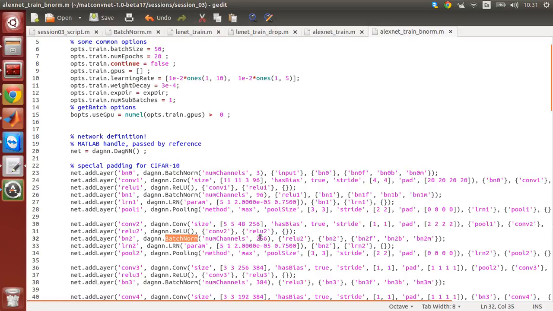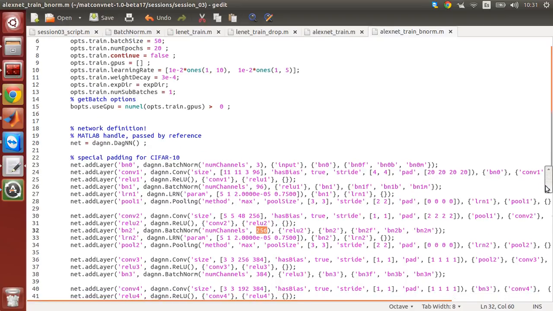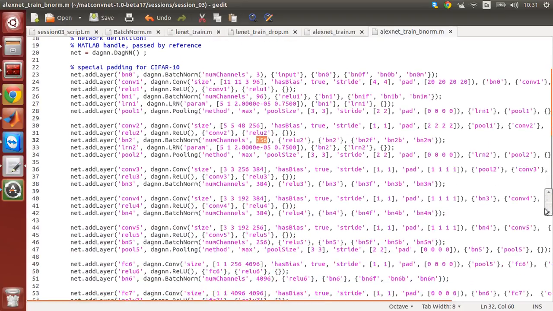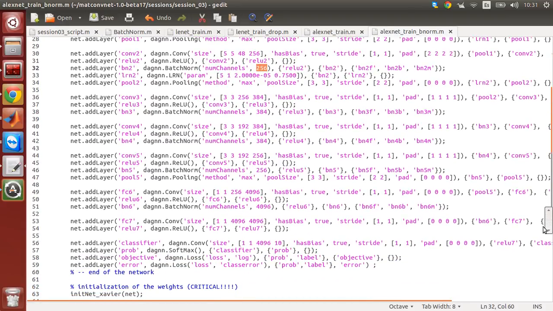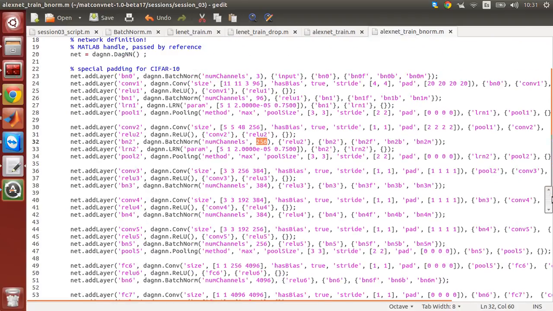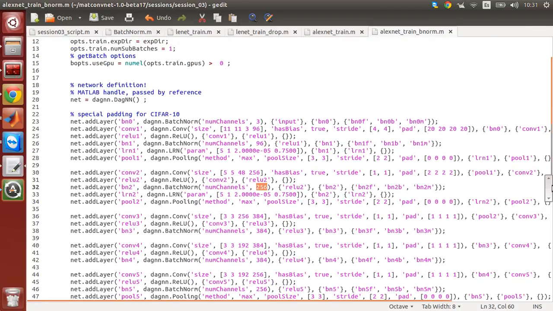And the same for ReLU 3, 4, 5, and 6. And we stop here. You could also add it to ReLU 7, but in this case, just for simplicity, I haven't done it. So the parameters of the batch normalization are three sets of parameters.